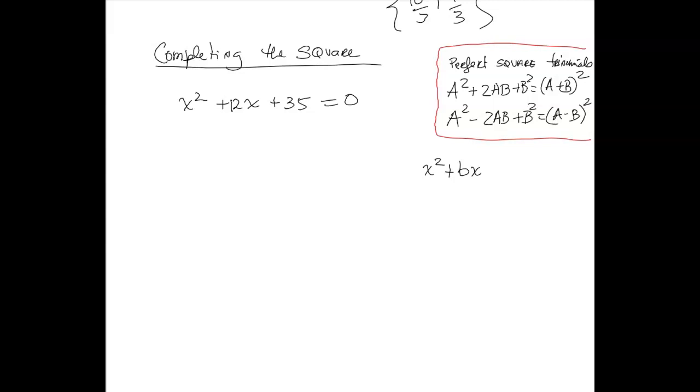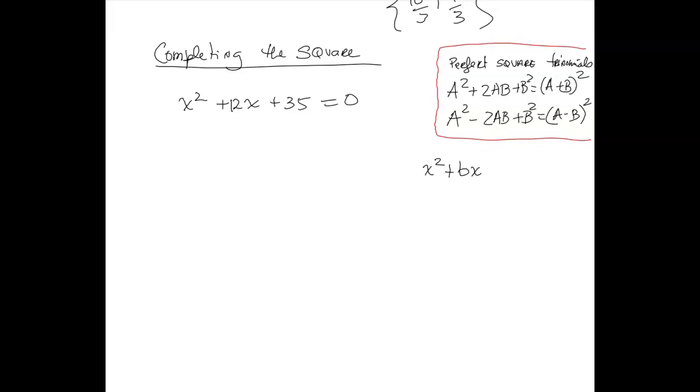So you have a squared plus 2ab plus b squared, and then it factors into a plus b squared, right? So if you have that format, then it's going to factor into this. Then the second one is a squared minus 2ab plus b squared equal to a minus b squared. Okay.